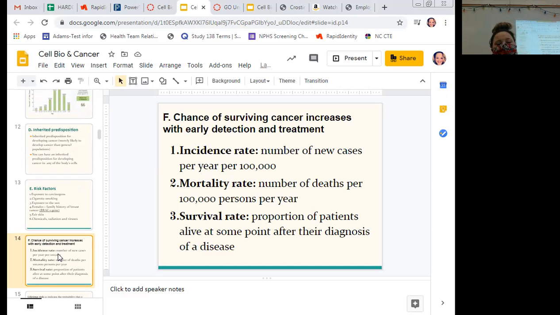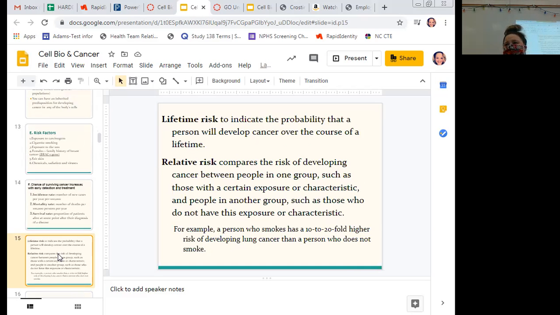Here on mine, I've put it over here to the side so I can have my vocabulary. What does it mean, your lifetime risk of cancer versus your relative risk? Well, if I relate something to something else, then that means I'm doing a comparison, right? So that tells me the answer to my question.